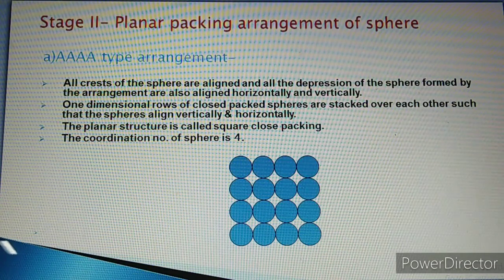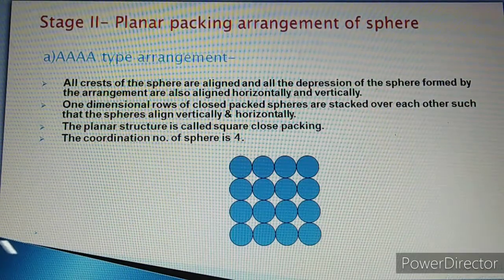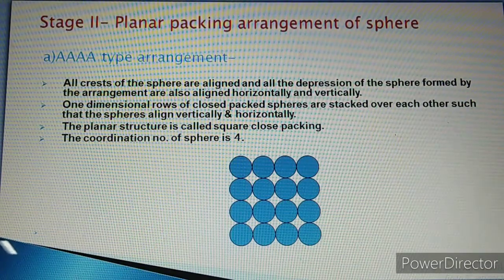The structure is called square close packing. If you observe the void space between the spheres, that empty space is a square structure. So, this planar packing structure is also called square close packing.